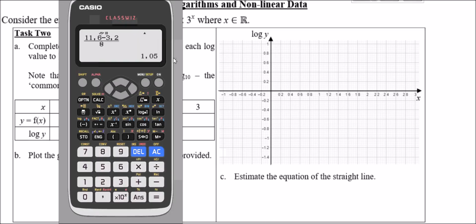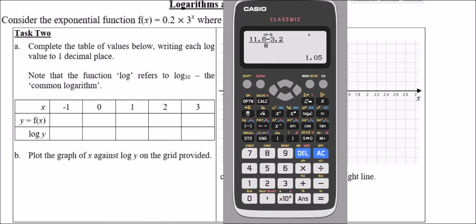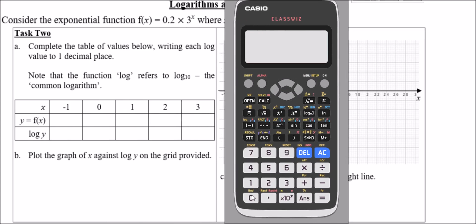Let's see what that gives us. That gives us 1 over 15, which is to one decimal place 0.07. We're going to write each log to one decimal place.